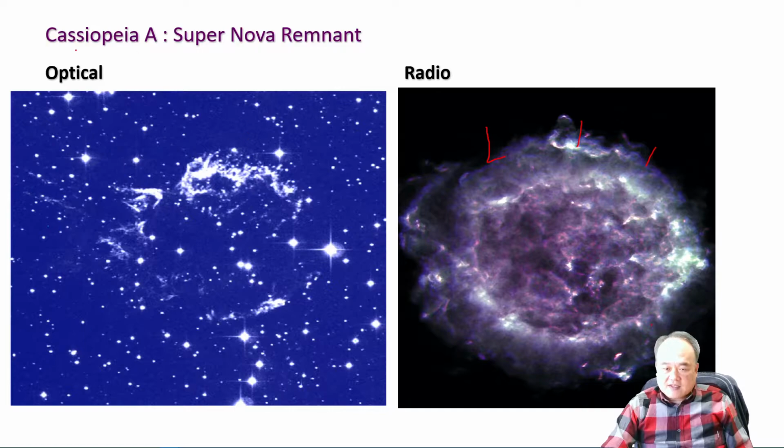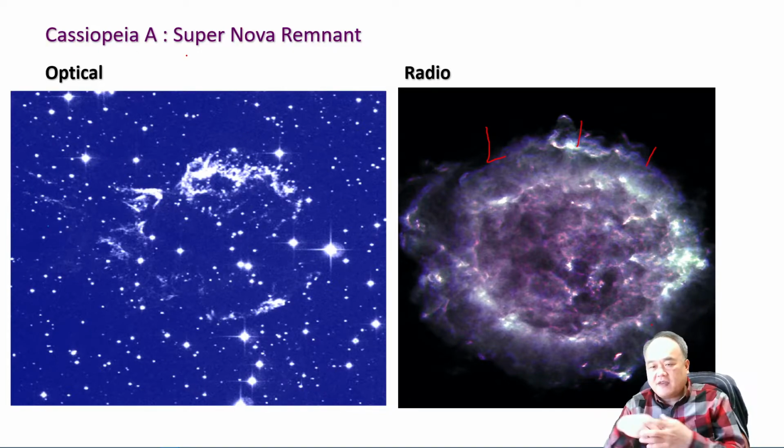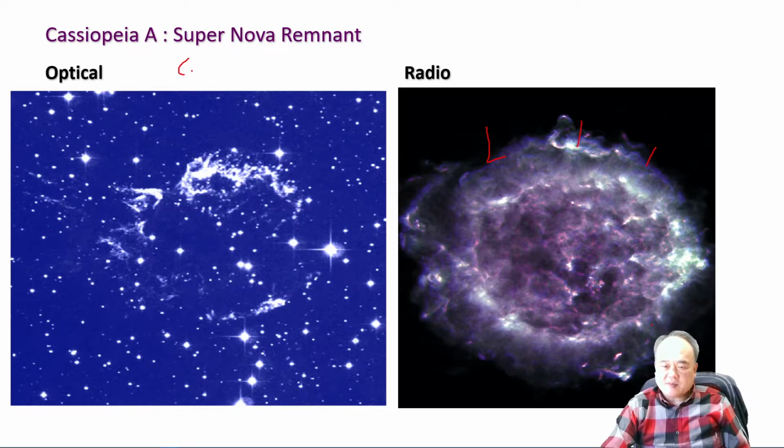Take Cassiopeia A, the famous supernova remnant commonly known as Cas A.